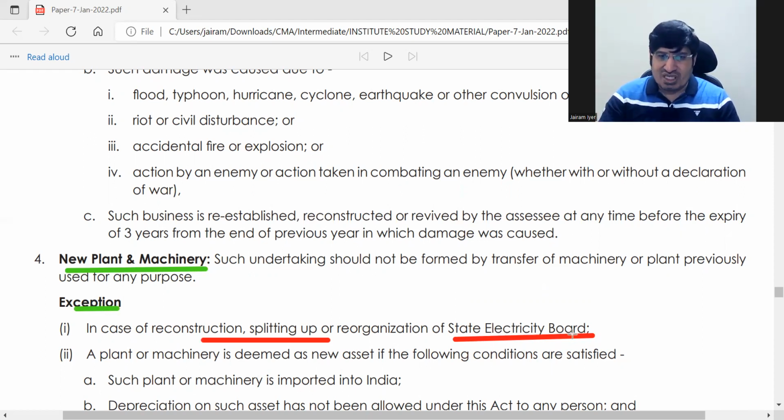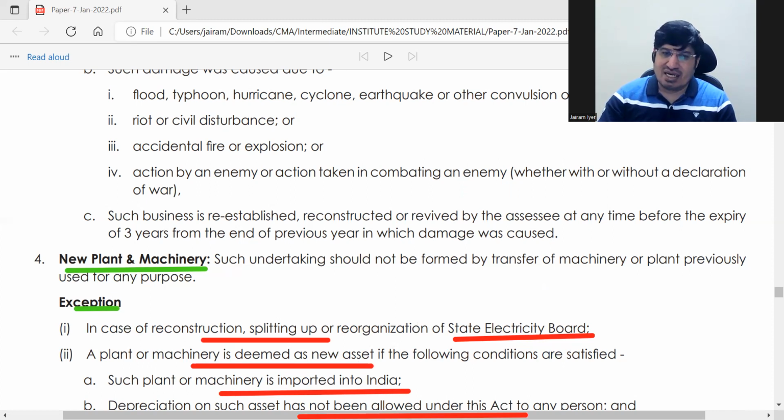Second, plant and machinery will be treated as new asset if it is imported into India and depreciation has not been allowed under the income tax act.